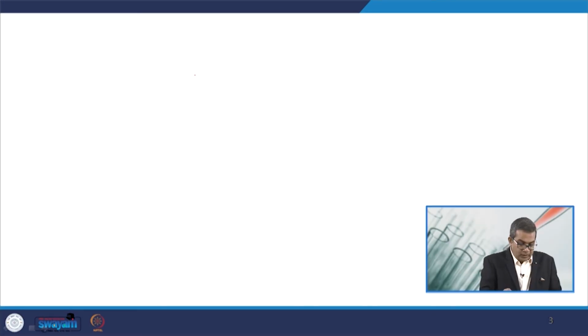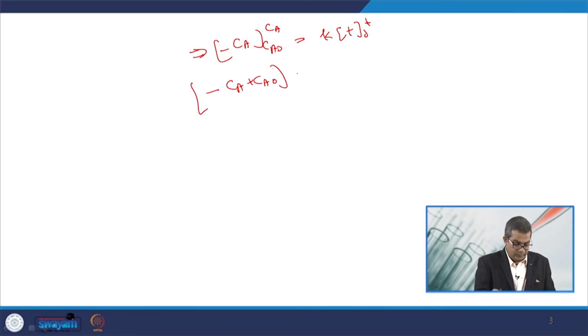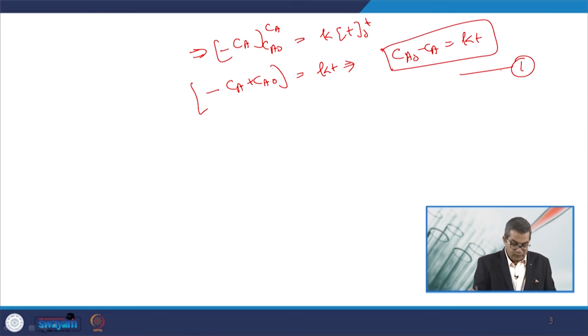So minus Ca plus Ca naught is equal to Kt, and finally Ca naught minus Ca is equal to Kt. That is my equation number 1 for this problem.